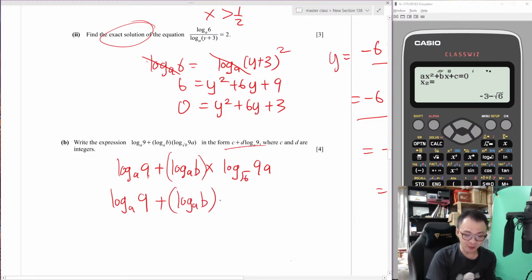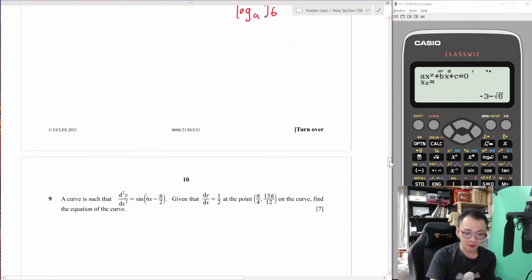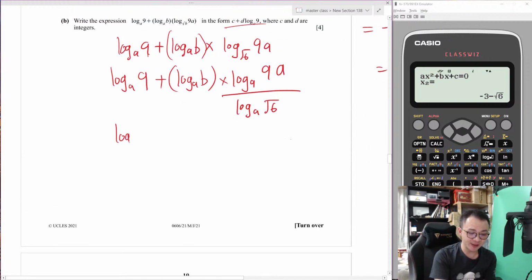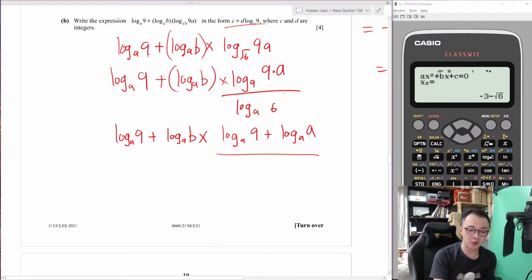And then this one, I will just change it into base a, see what happened. This is log a over log a, 9a on the top and b at the bottom. Then this one is log a 9 plus log a b multiplied by log a 9a over log a b. Multiplication in log means plus. The b is to the power of 1 over 2, square root is power 1 over 2, and 1 over 2 we can move to the front, becoming 1 over 2 log a b.